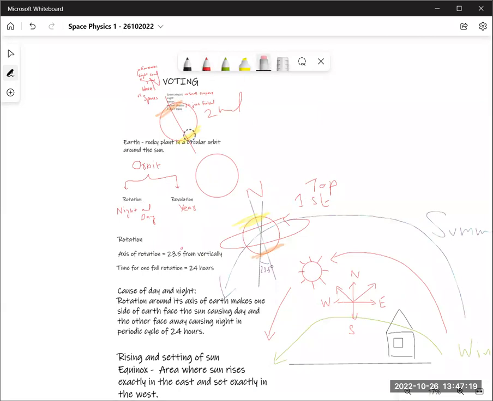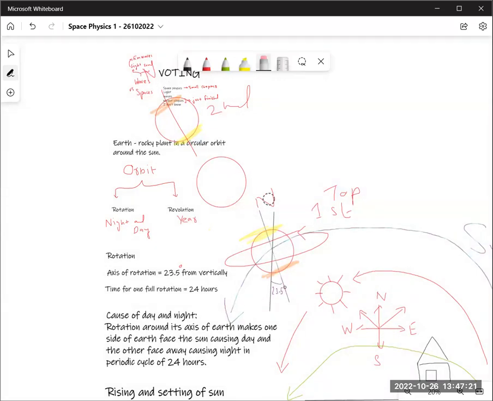Now look, north is the top of the Earth. When the Earth is here, with respect to the sun, is the north pointing towards the sun or away from the sun? Towards. So that means it's going to be summer in the northern hemisphere. Now look, in the second position, is the north pointing towards or away from the sun?